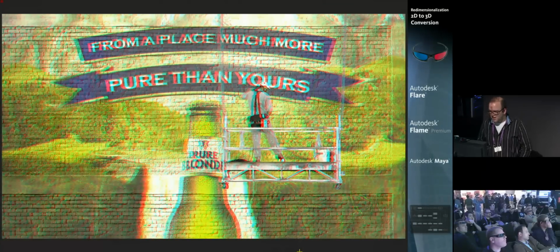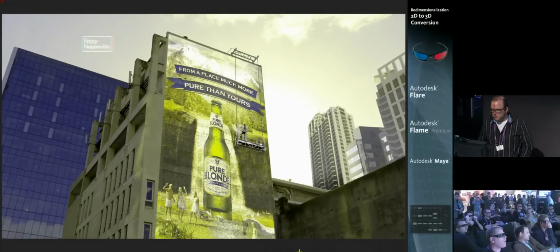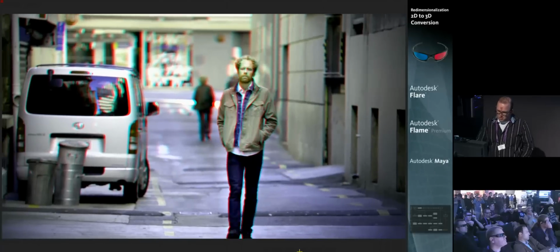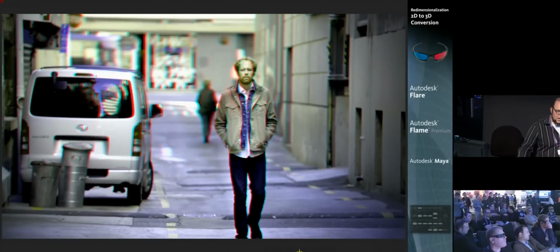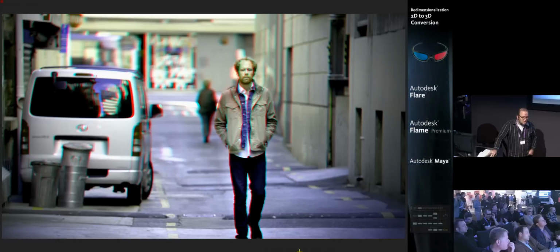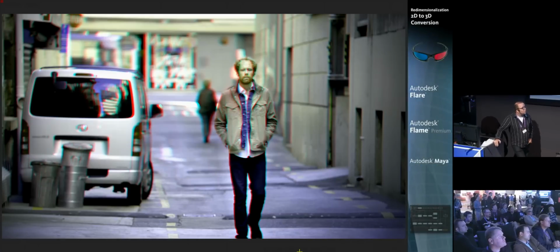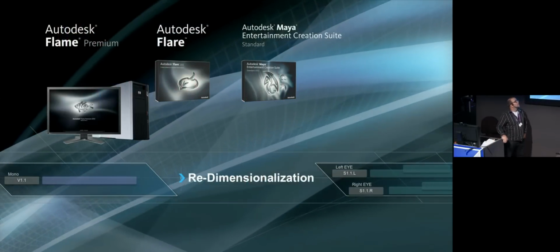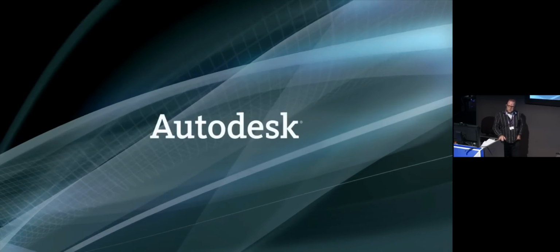Here's our wall and bird, and separating out key elements and so on. Hopefully that gives you a good overview of the technology we use for 2D to 3D conversion or redimensionalization. What you've just been looking at is Flame Premium, Flare, and also Maya working together to take mono assets and put them into stereoscopic 3D.